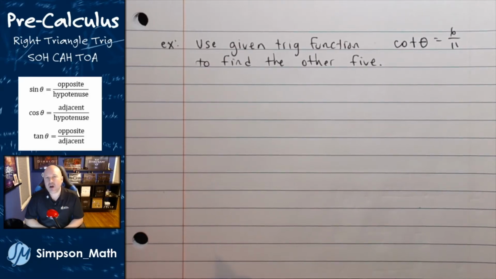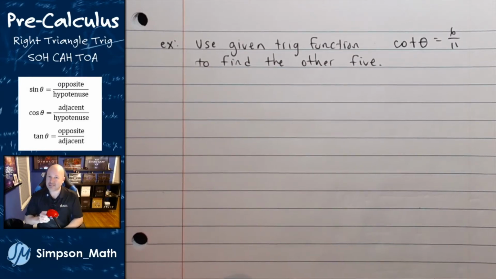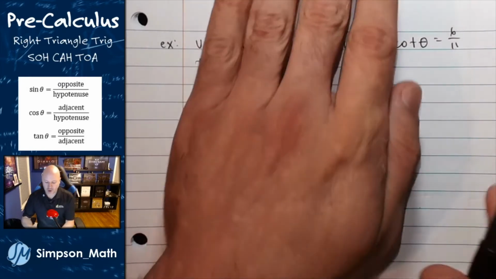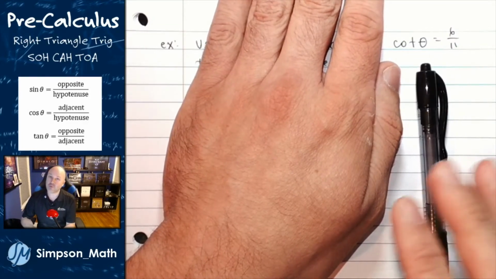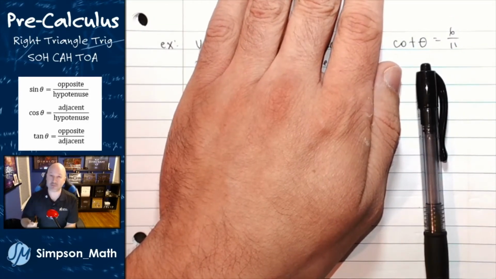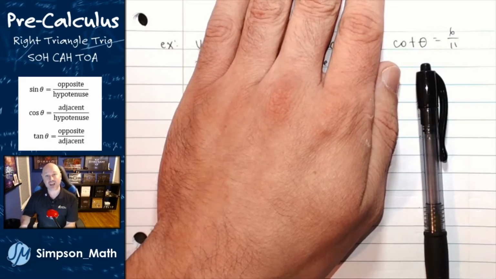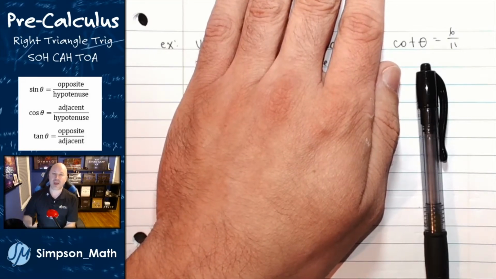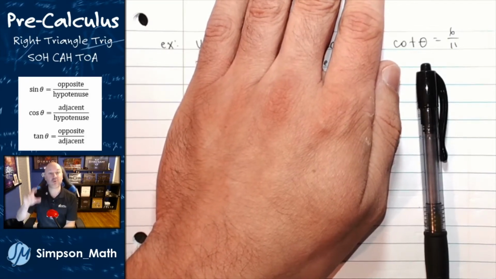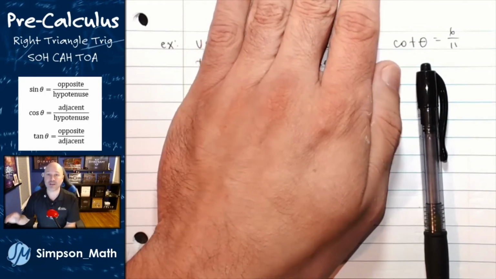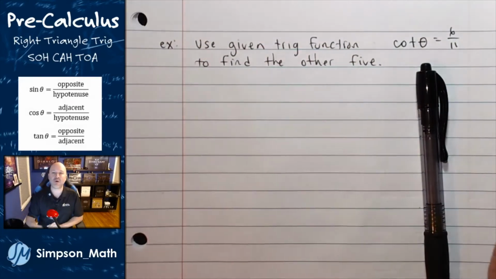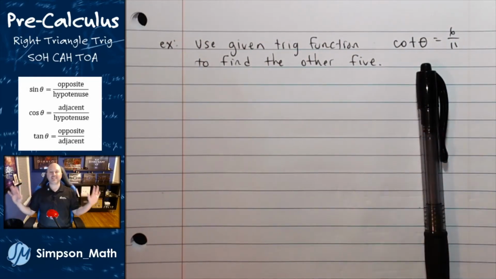Now, if I don't have any other information, like in the past, I would tell you cotangent is 6 over 11, but we also know one more stipulation. Sine is negative. And so we had to discern which quadrant we were in. This problem is much simpler because all I've given you is this one piece of information. So we're just relaxing here.